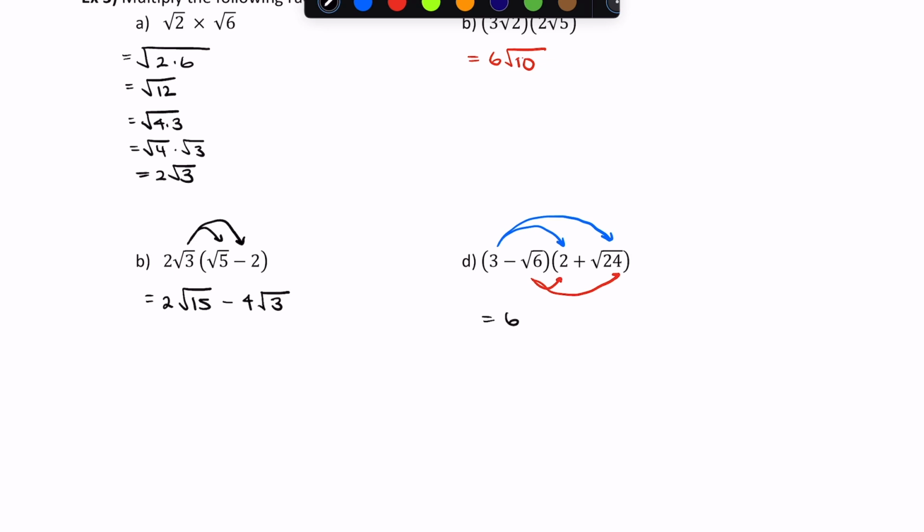We have 3 times square root 24, which is 3 square root 24. We have 2 times negative square root 6, which would be negative 2 square root 6. And then finally we have negative square root 6 multiplied by square root 24. So it's square root 6 times 24.